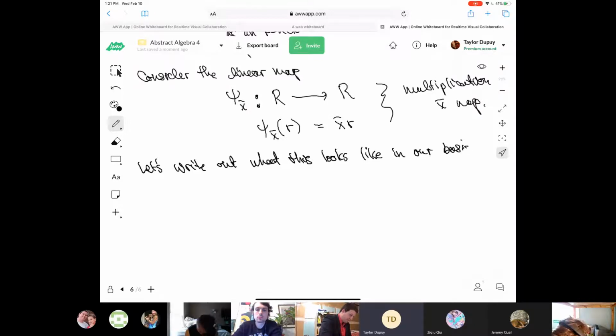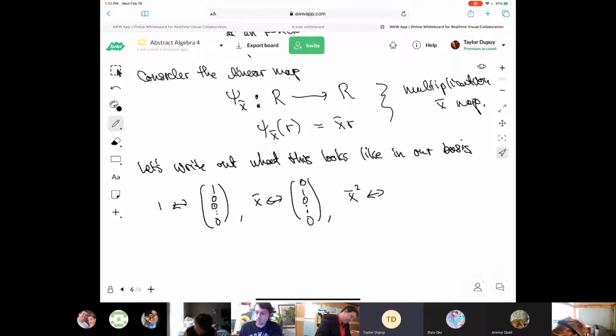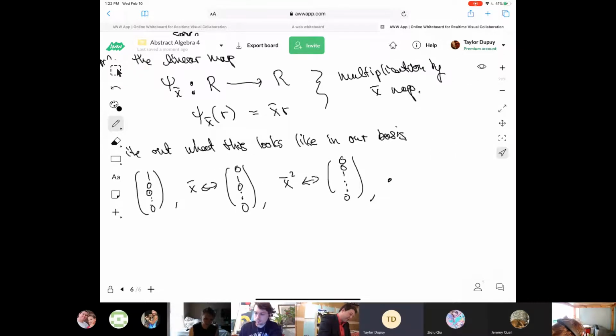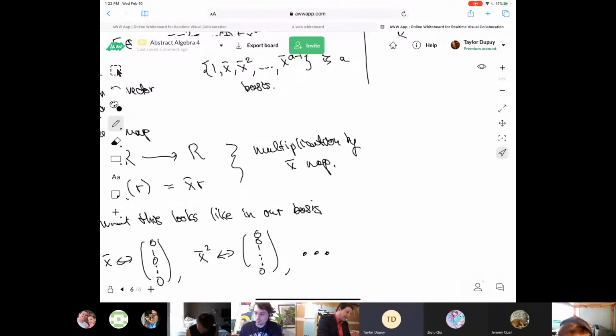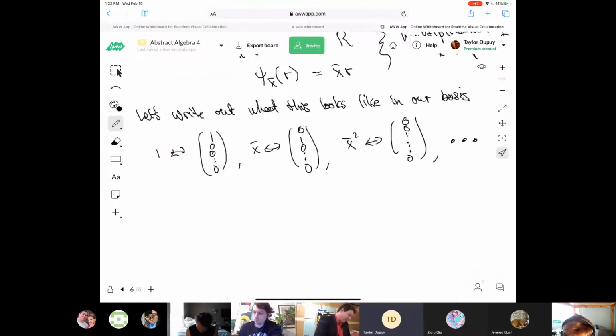We let 1 correspond to the vector 1, 0, 0, that first elementary vector. x bar corresponds to 0, 1, 0, 0. Maybe we'll do the first 3 entries. And then x bar squared is 0, 0, 1, and it goes on with all zeros. And this continues, so x to the d minus 1 is the one with 1 in the very bottom entry.